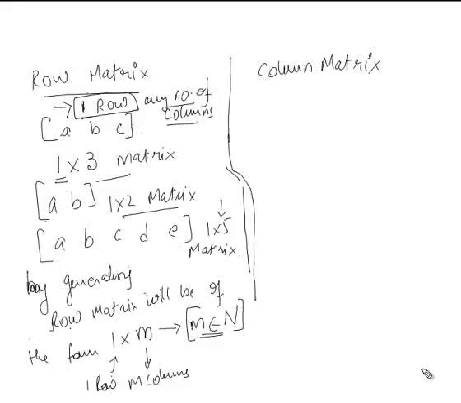So m is an element of the natural numbers. Clear? So this is how a row matrix will look. A column matrix, how will it look? A column matrix will always have one column and any number of rows.